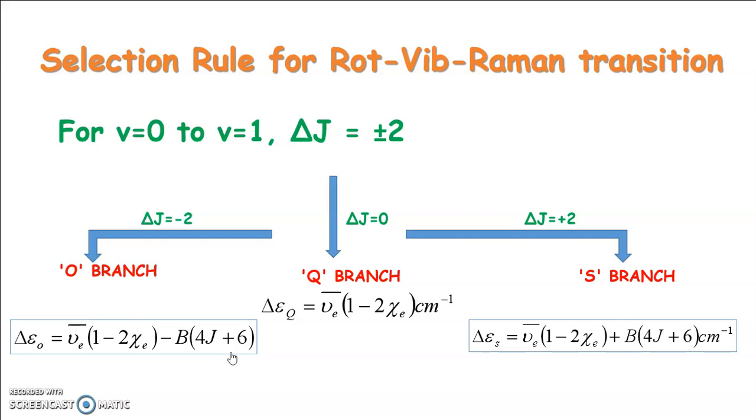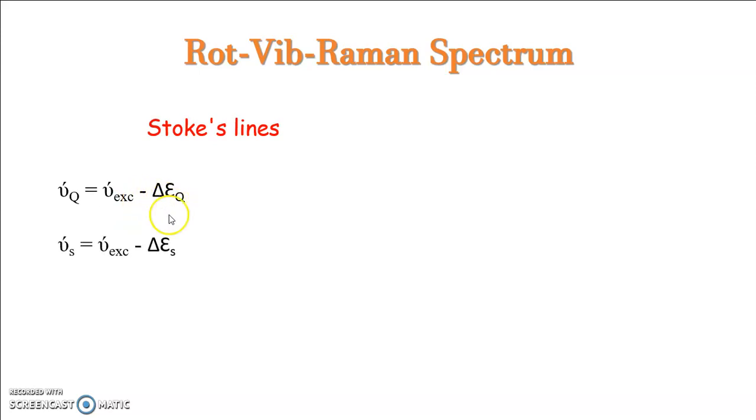Therefore, the rotational vibrational Raman spectrum will contain the Stokes lines, that is, the lines to the low frequency of the exciting radiation, and they will occur at wave numbers given by nu bar Q equal to nu bar excitation minus delta EQ.